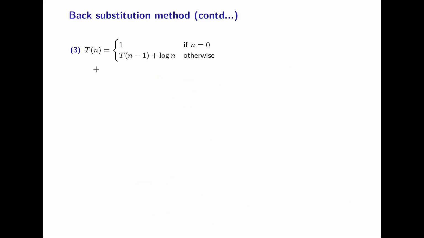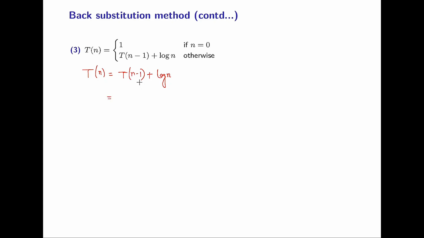A third example here, now we will solve quickly because we know how to proceed. So Tn equals T(n minus 1) plus, this time it is log n. If I substitute, what will I get?